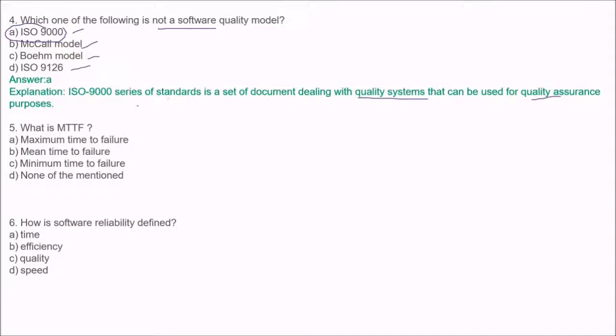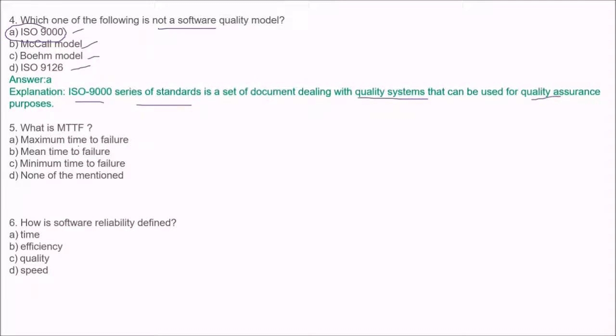They don't talk about the product. They tell you about the processes and how the processes need to be managed. So if you say that my company is ISO certified, that does not mean that you have a quality product. You say that you are doing everything to have a quality product.